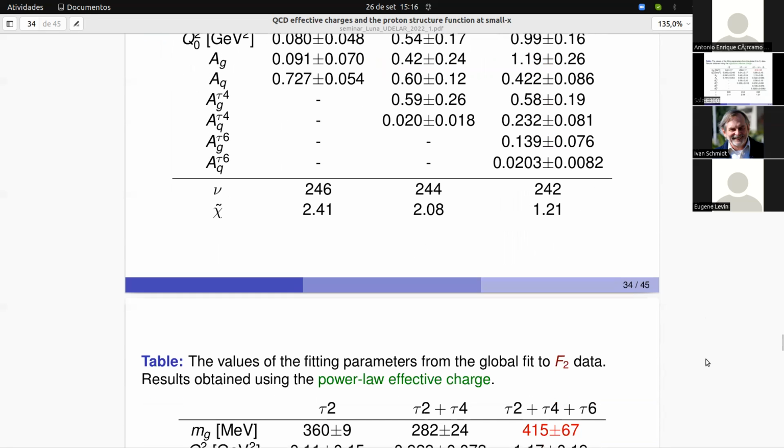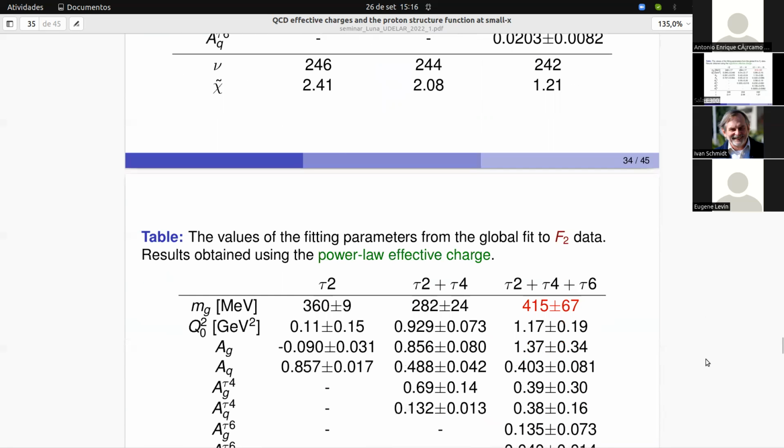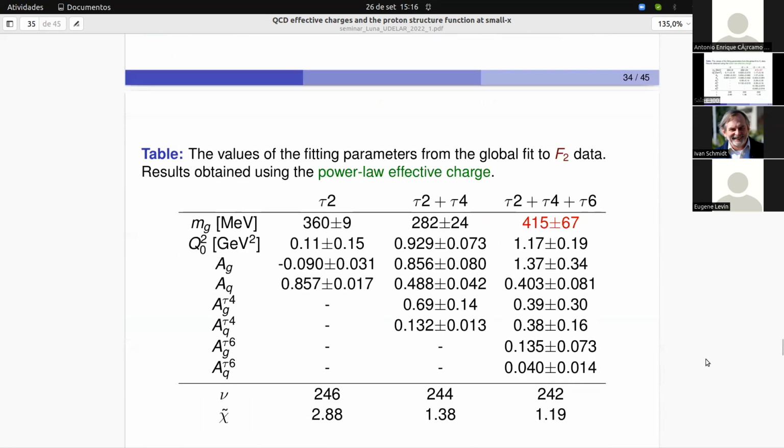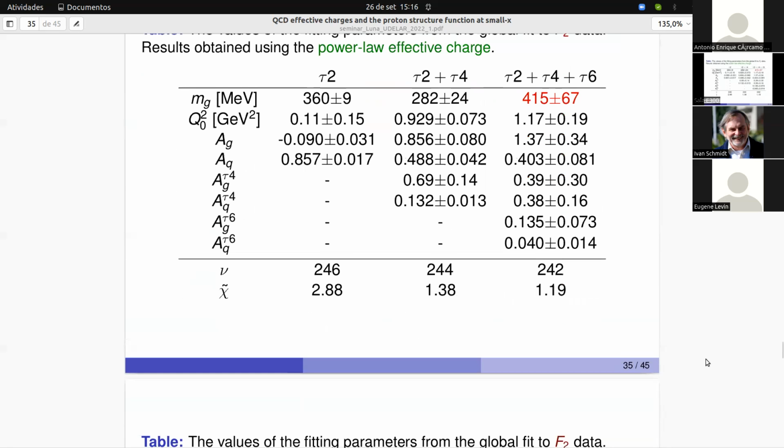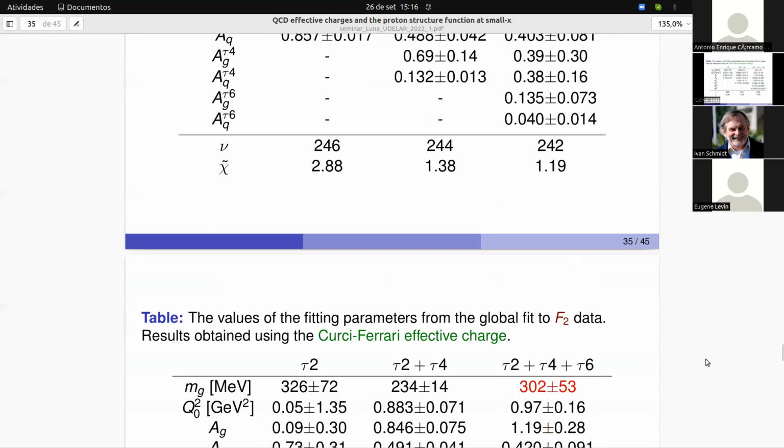So this is the result using the logarithmic effective charge. This is the result using the power law effective charge. Again, you see that it's necessary to use all the terms, because only these will have a Q squared close to 1. And here is the result using the Cauchy-Ferrari effective charge.